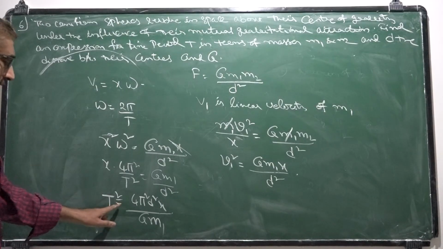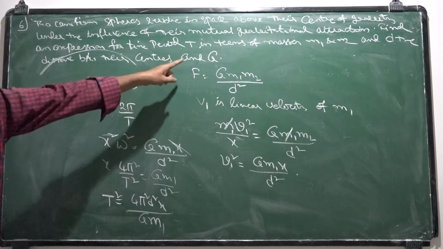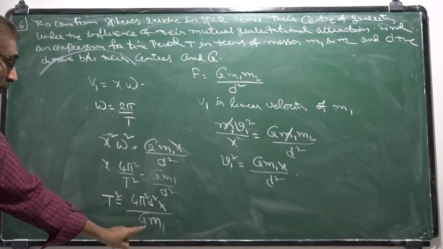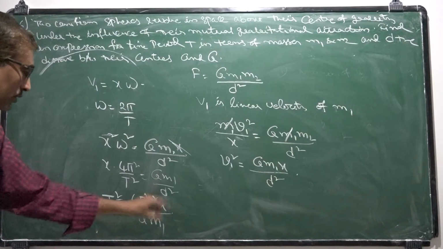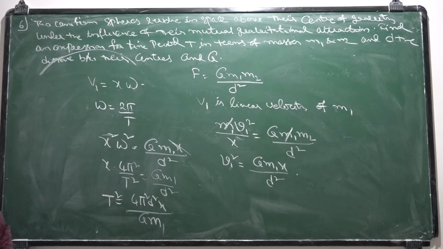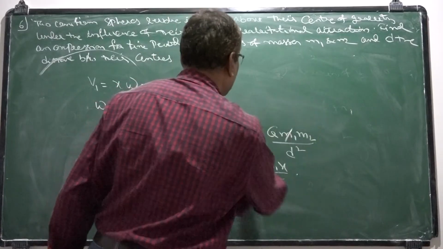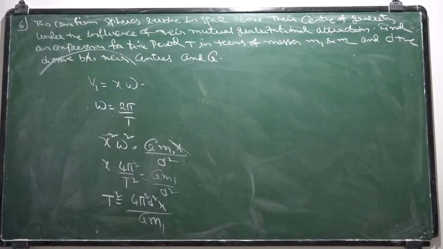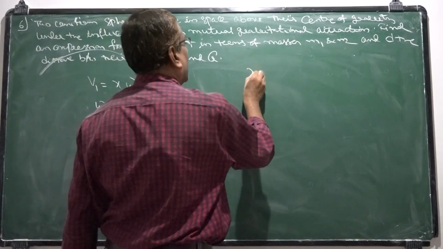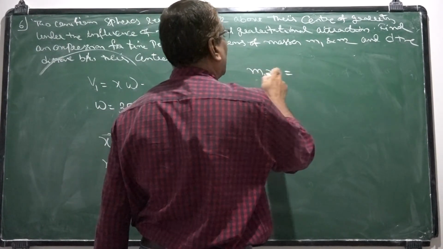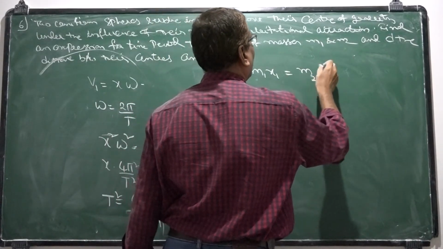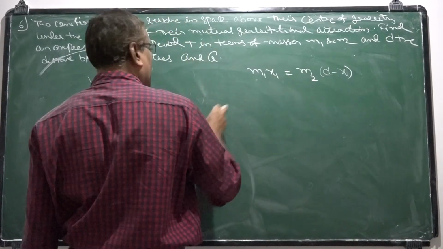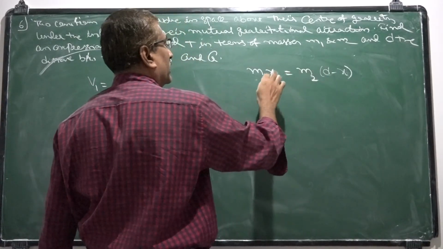Now we can get an expression for time period, but we are asked to find it in terms of G, d, m1 and m2, and we are not getting the m1 term here. To get that, we apply the law of moments, because about the center of mass the moments are 0. So m1 x is equal to m2 into d minus x.